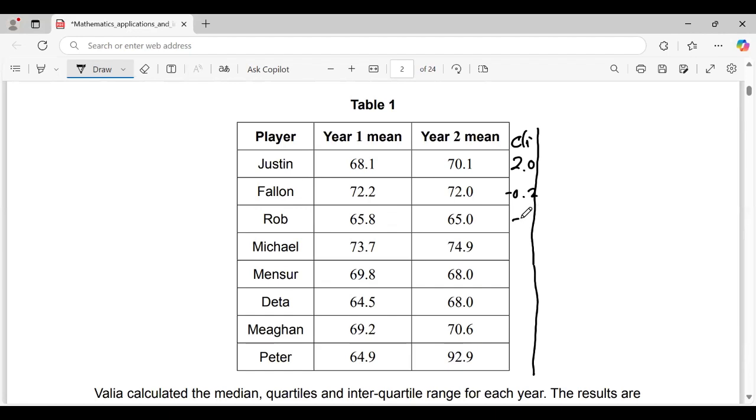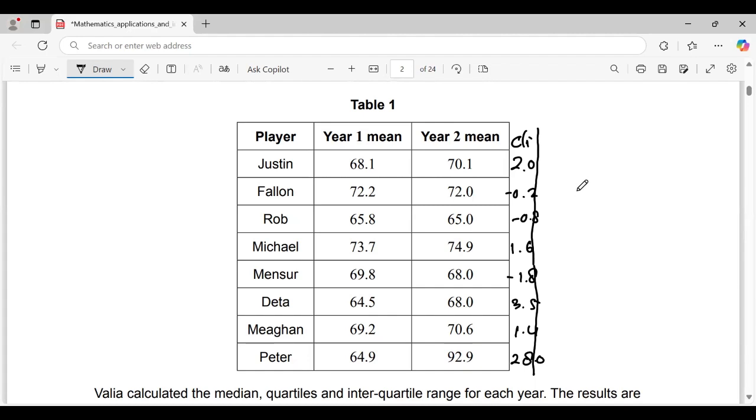This one minus 0.8, and this one 1.6. This one minus 1.8, and this one is 3.5, 1.4, and this one is 28.0. That one.